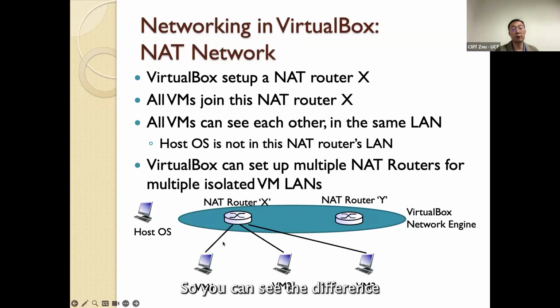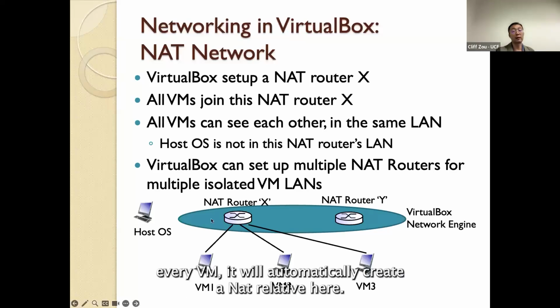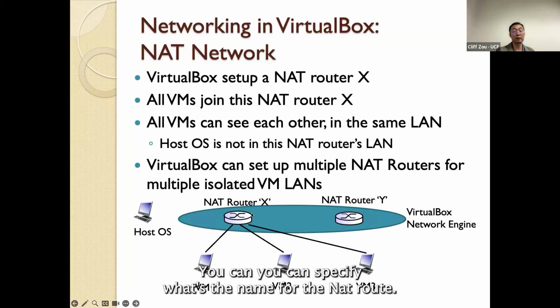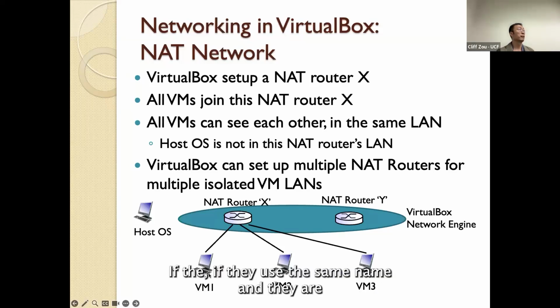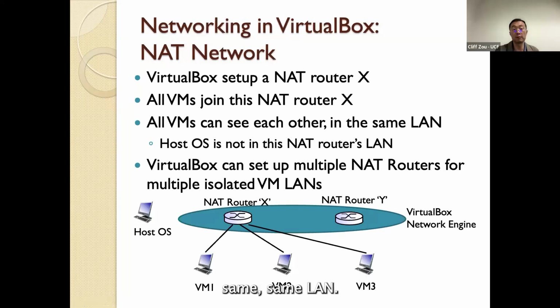So you can see the difference between this network mode and this NAT. NAT is basically for every VM, it will automatically create a NAT router. Here you can specify the name for the NAT router. If they use the same name, then they are in the same LAN.